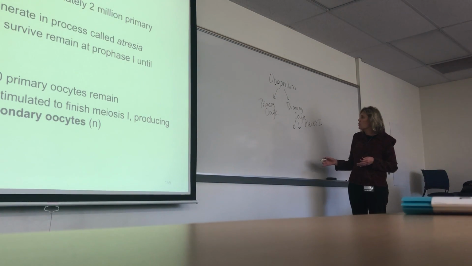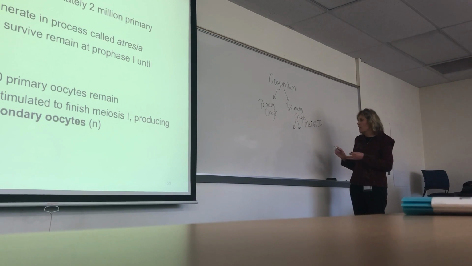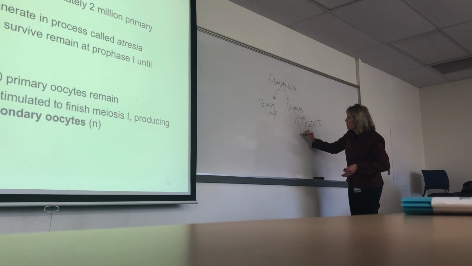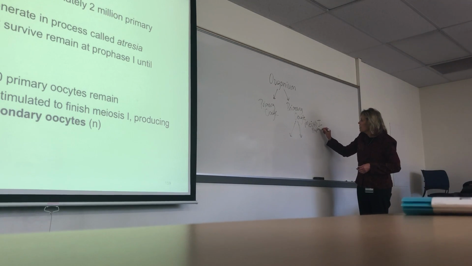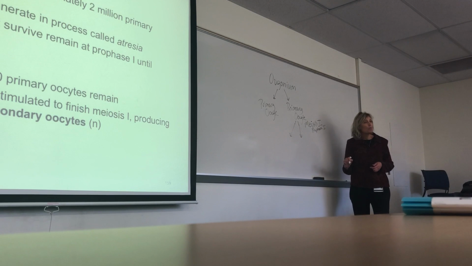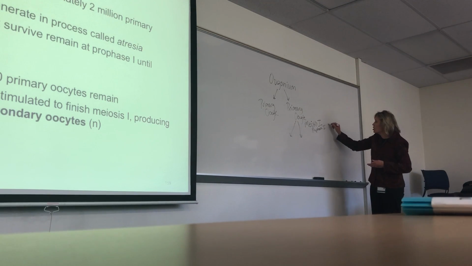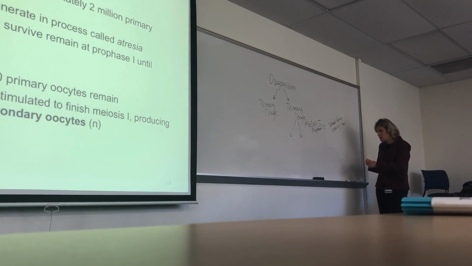And in meiosis 1 we have a lot of the same changes that we saw in spermatogenesis. So in prophase 1, do you remember what happened that was so significant? We had tetrad formation. The tetrad forms. We had crossing over. Remember all of that? Okay.